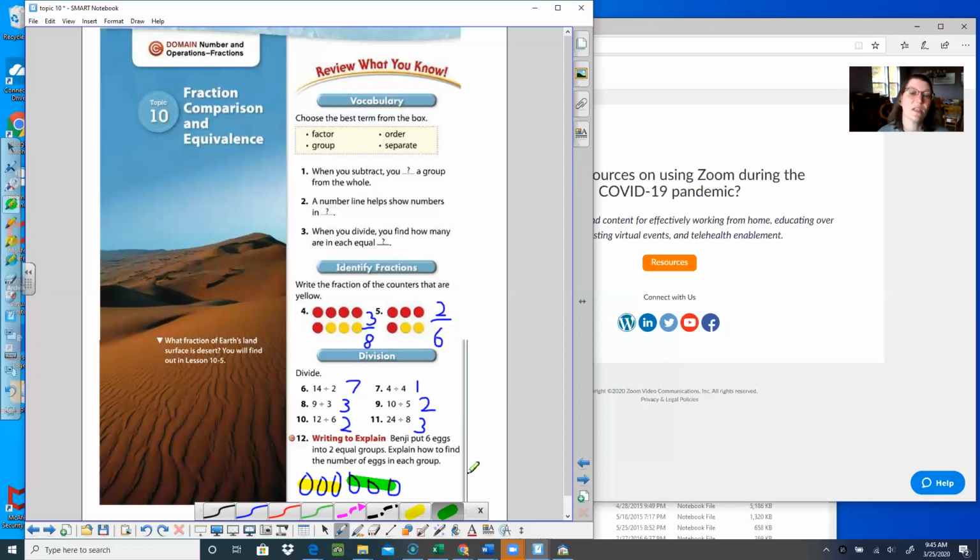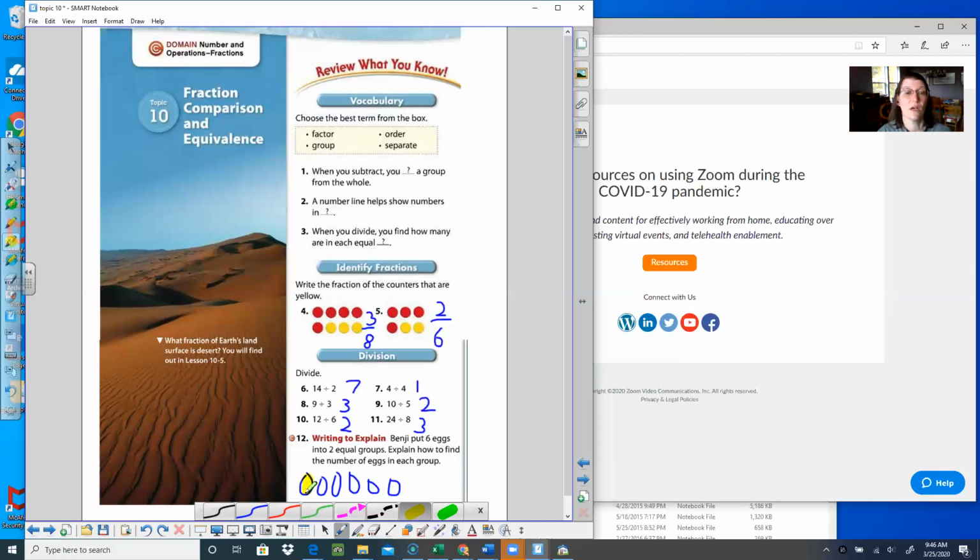So if I had to explain how to find the number of eggs in each group, I could say, first, I drew 6 eggs. Then I showed, well, I'm going to back up. I'm going to do it a way you guys are used to. Where's my backup button? Okay, I'm going to do 1 out of every 2 eggs being yellow.